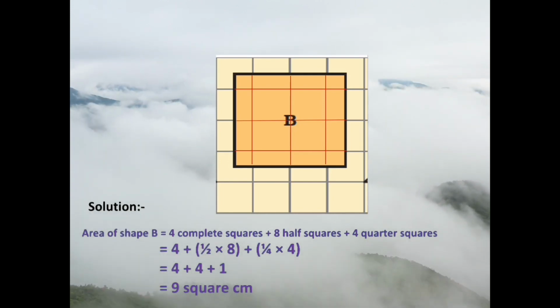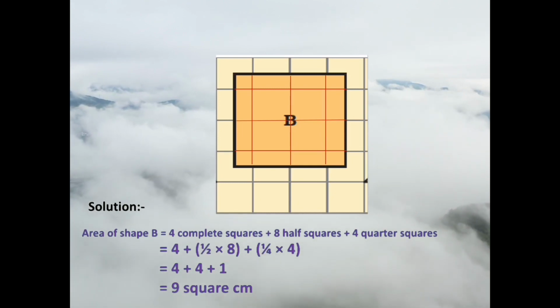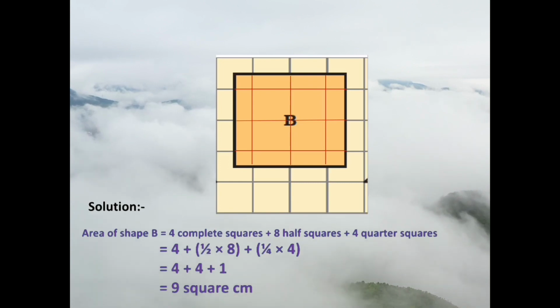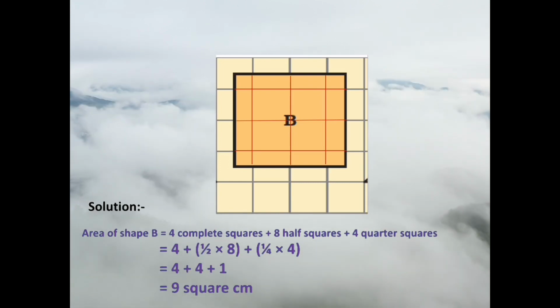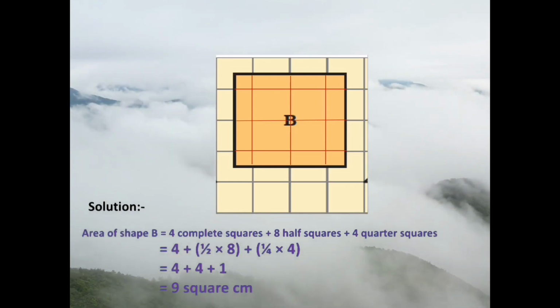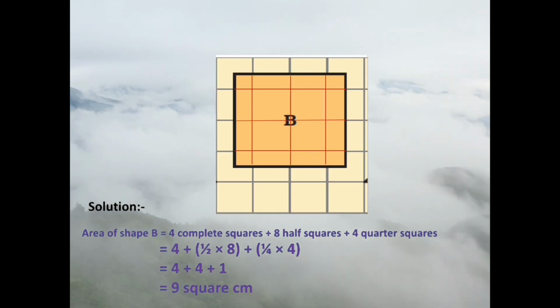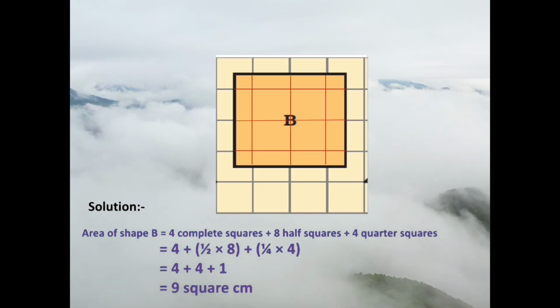So here total 4 plus half into 8 plus half into 4, that is equal to 4 plus 4 plus 1 is equal to 9 square centimeter. Area of shape B is 9 square centimeter.